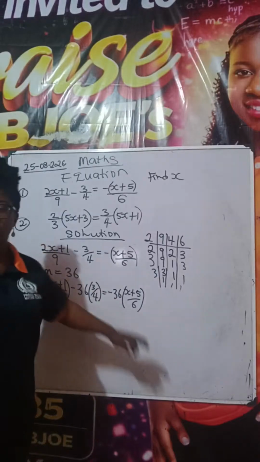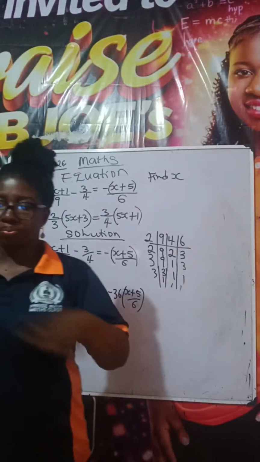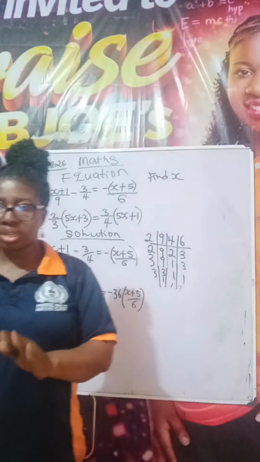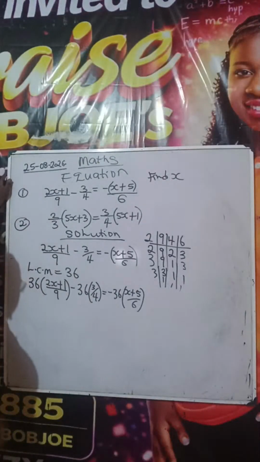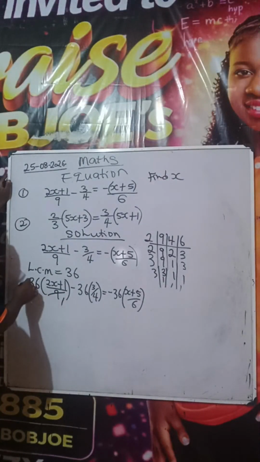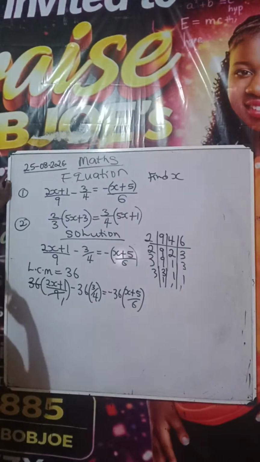So are we ready? Now I want to clear the fraction. So we have 9 divided by itself. How many 9 do we have in 36?